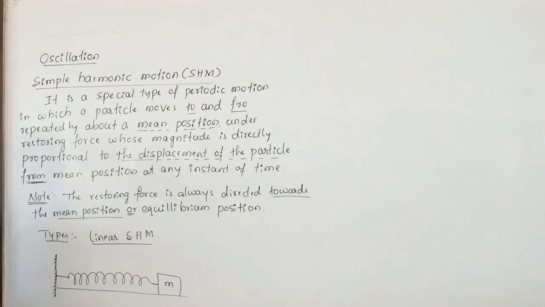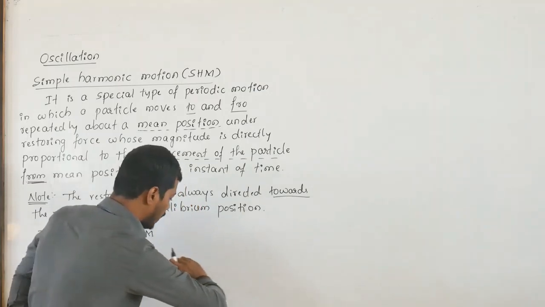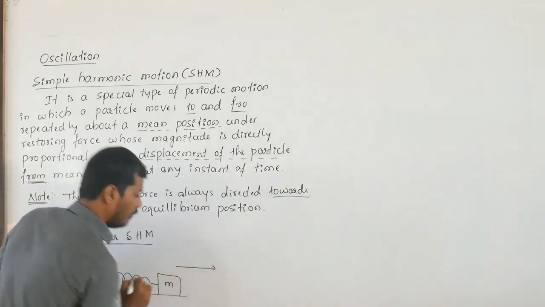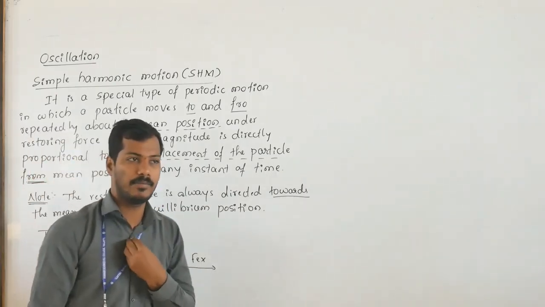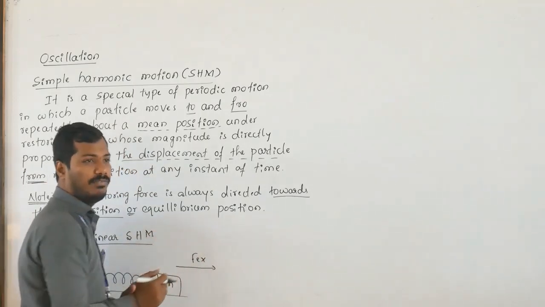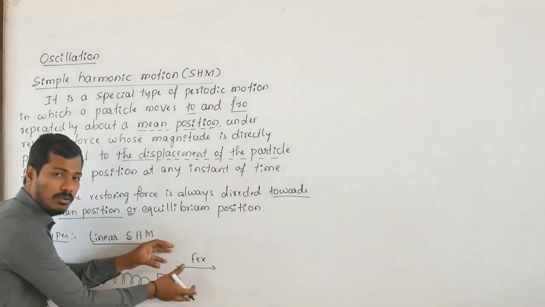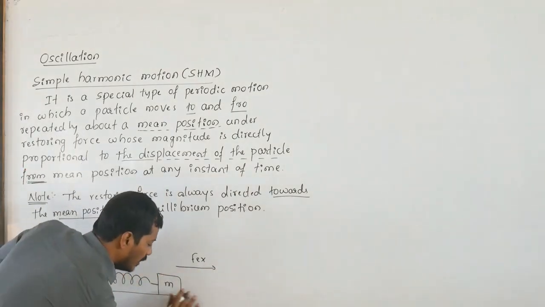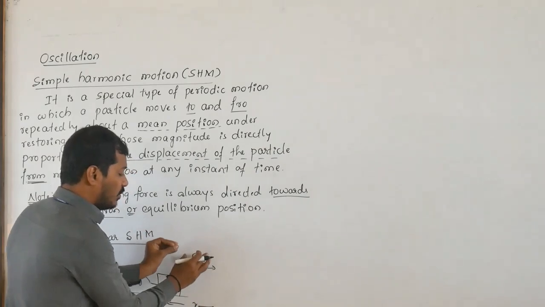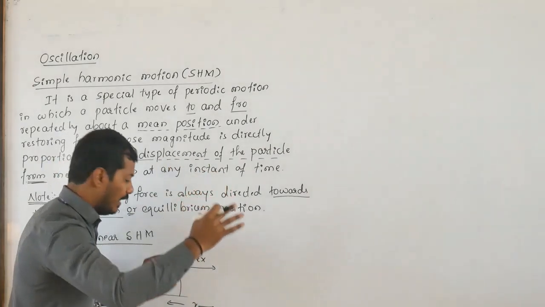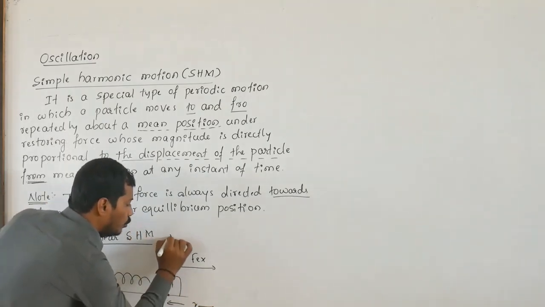When you apply a force here and pull it, that is called the external force because it is applied by us. There is a displacement. When the external force is removed, it returns to its mean position. Call this the mean position.